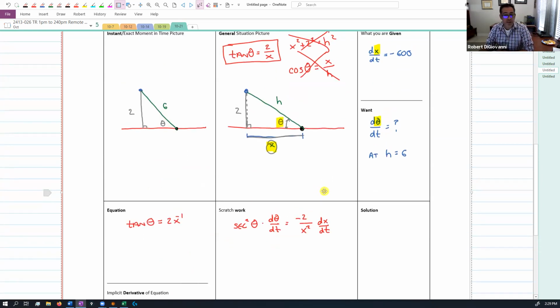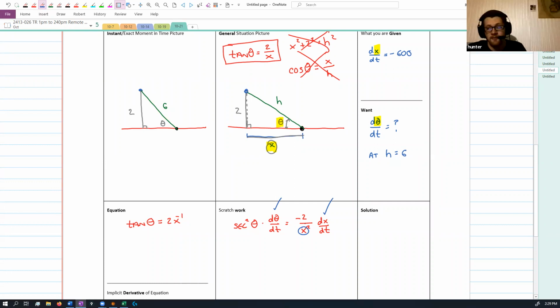Now let me check it to see if I have everything I need to solve this. I'm going to go after the things I know for sure I'm happy with. d theta dt is what I'm looking for. dx dt is what I'm given. We have a little bit of a problem though. X, do I know what x is at the instant in time?